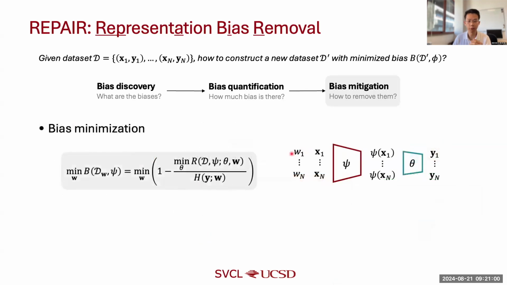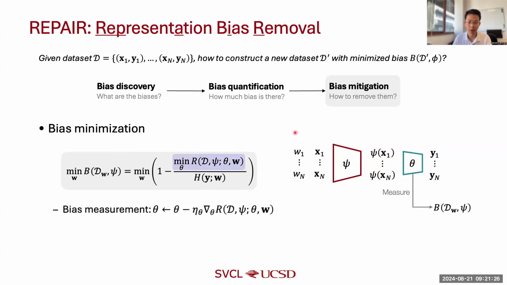You may recall that I said the bias definition is measured by optimizing a classifier theta on top of the spurious features psi. So when combining this bias measurement with bias minimization, the resulting formulation becomes an adversarial game between theta and w.